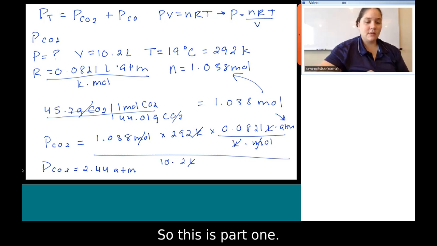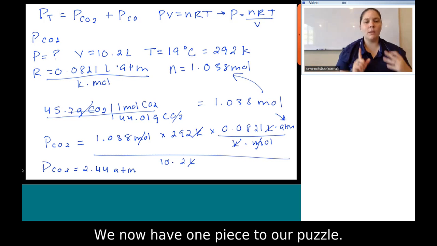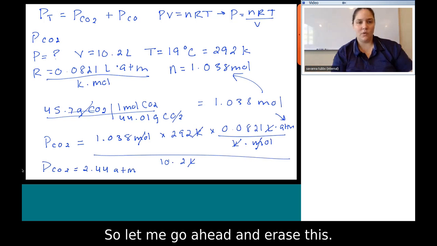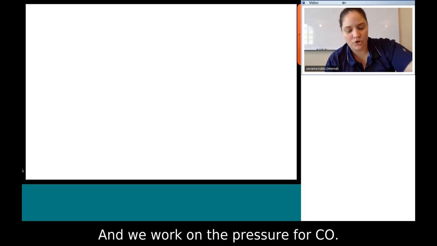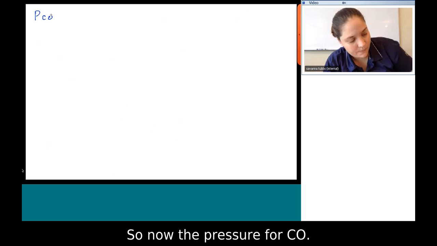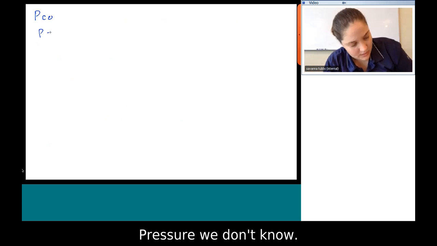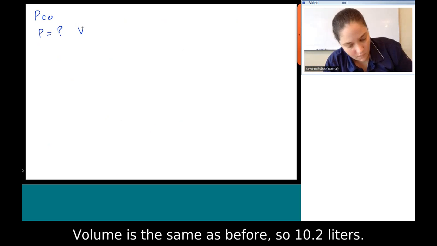So this is part one. We now have one piece to our puzzle. So let me go ahead and erase this, and we'll work on the pressure for CO. So now the pressure for CO, we don't know. Volume is the same as before, so 10.2 liters.